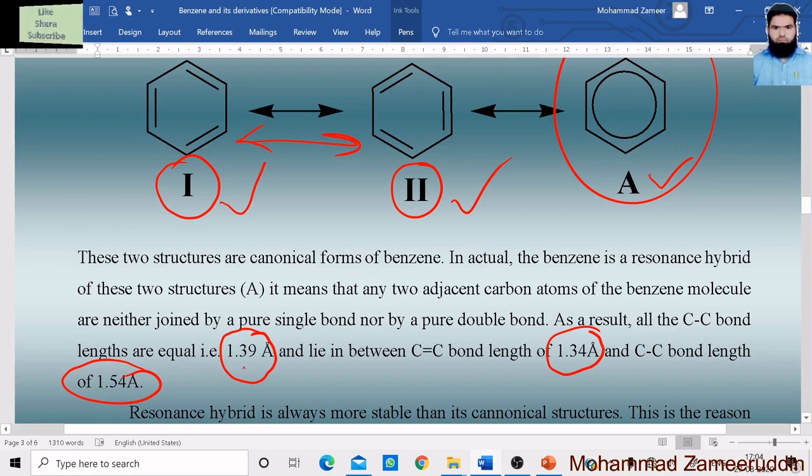So all C-C bonds of benzene have 1.39 angstrom length.